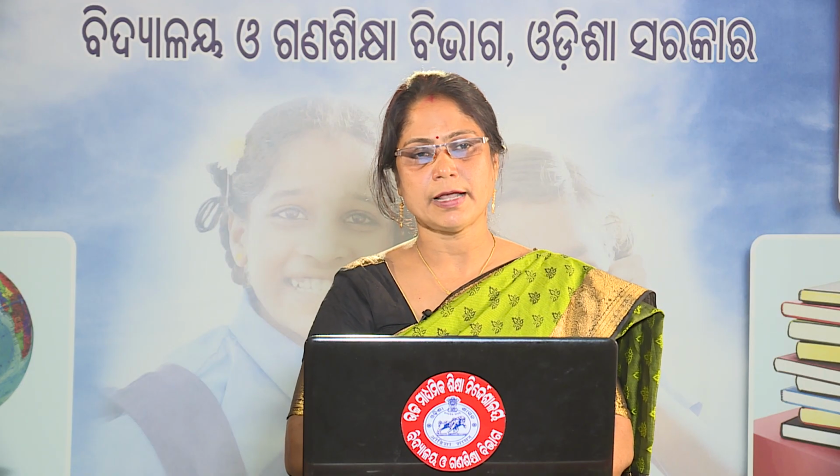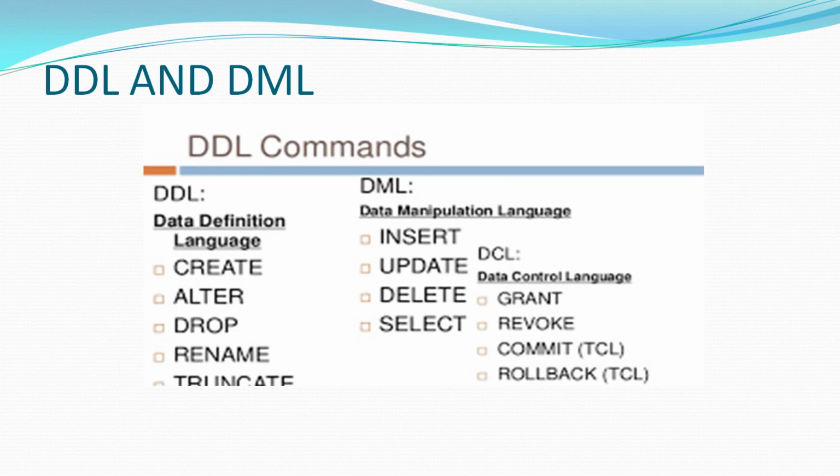So, these are all the facilities that are provided with the help of the database management system that is implemented in the database. These operations which we want to implement in database are categorized into two different categories. One is our data definition language and another is our data manipulation language.